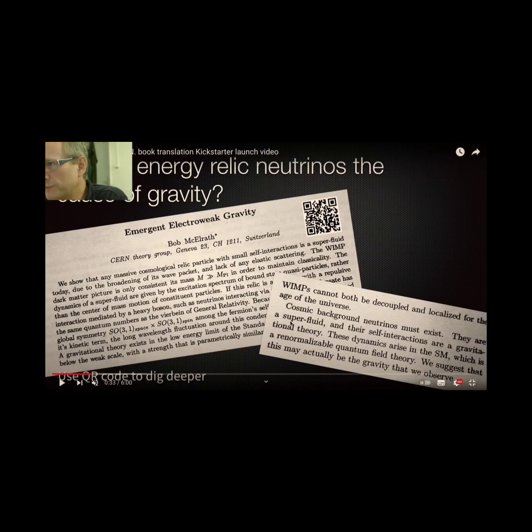They are a superfluid, and their self-interactions are a gravitational theory. These dynamics arise in the standard model, which is a renormalizable quantum field theory. We suggest that this may actually be the gravity that we observe. So they're saying that because of relic neutrinos, that could be the cause of gravity.